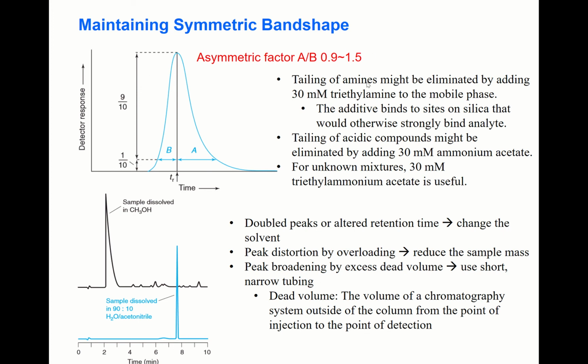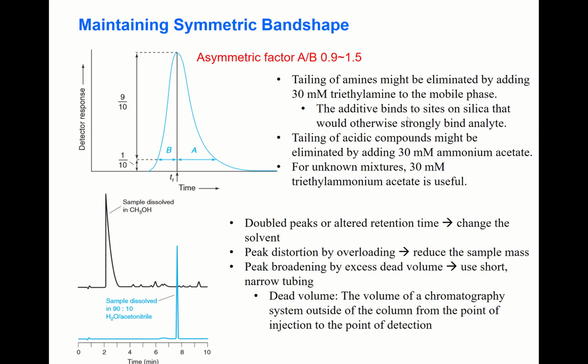Tailing of amines might be eliminated by adding 30 millimolar triethylamine to the mobile phase. If this is due to the amine, one idea to eliminate this tailing is to add this concentration of triethylamine to the mobile phase.